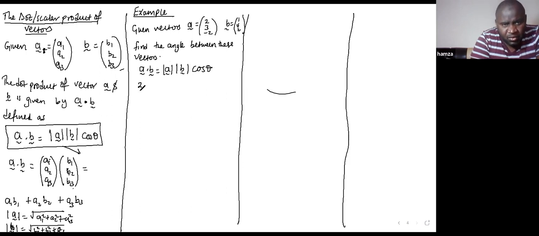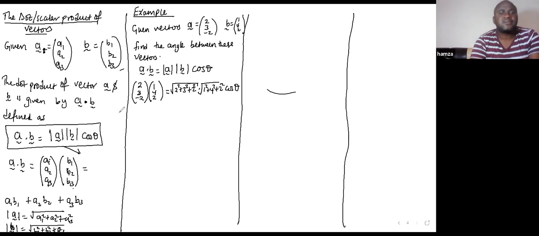So you'll have (2, 3, -2) dot (1, 4, 2) is equal to the square root of 2 squared plus 3 squared plus 2 squared times the square root of 1 squared plus 4 squared plus 2 squared cosine of the angle theta.